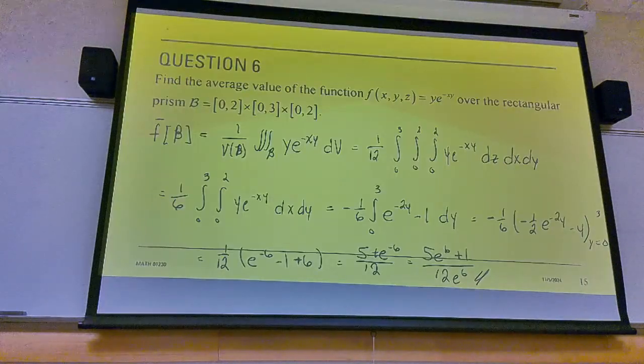Signed hypervolume, which is the fourth dimensional equivalent measure, right? You have length, which is first dimension, area is 2 dimension, volume is 3, hypervolume is 4. So if you did a 4-level integral, you'd be finding the 5th dimensional equivalent. Hypervolume? I don't know what they call it. Luckily, we don't go up that high. And so what we're doing when we're evaluating a triple integral is actually finding a signed hypervolume geometrically.